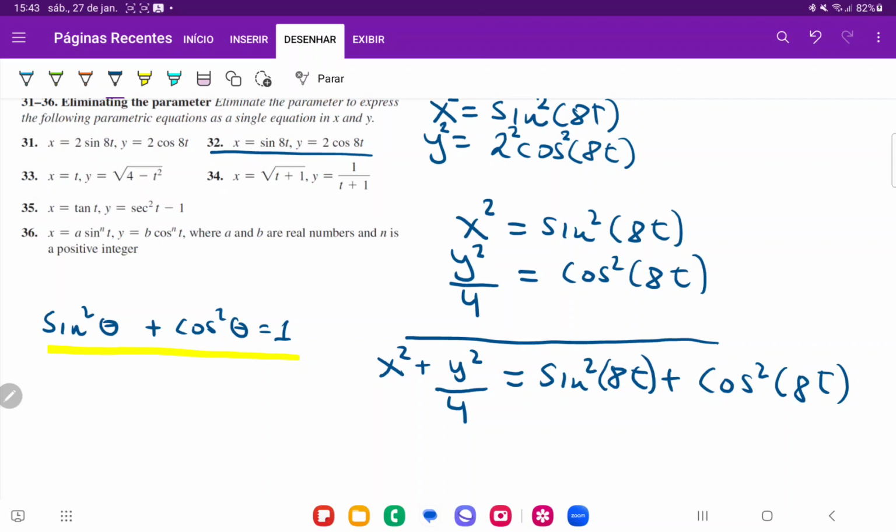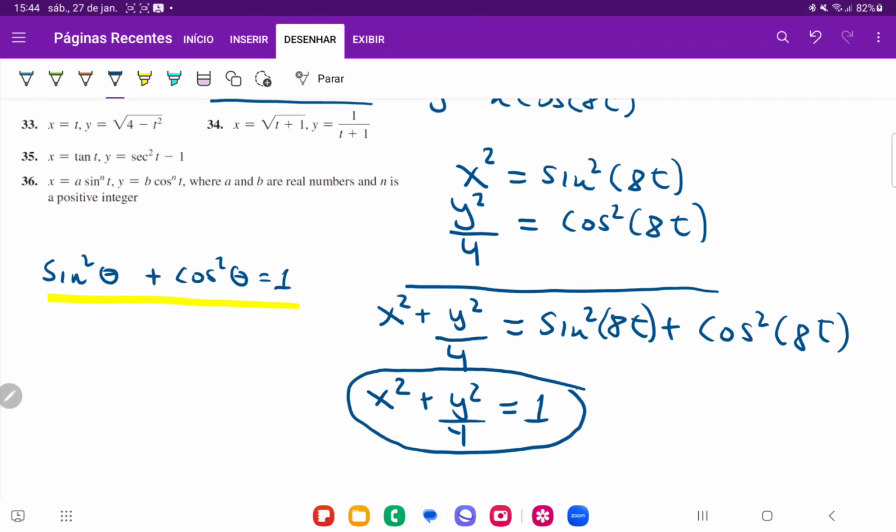And so once we've summed it up, we can see that the right-hand side matches up with the identity, right? Because we now have the sine squared of the angle plus the cosine squared of that same angle. So through this, we eliminate the parameter by just rewriting this as x squared plus y squared over 4 is equal to 1.